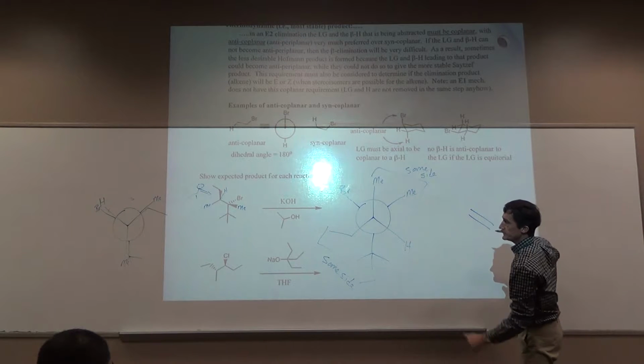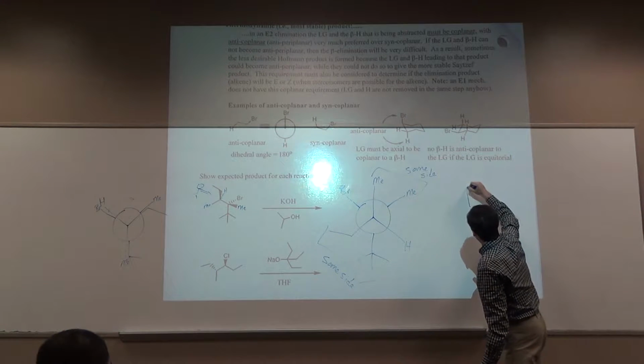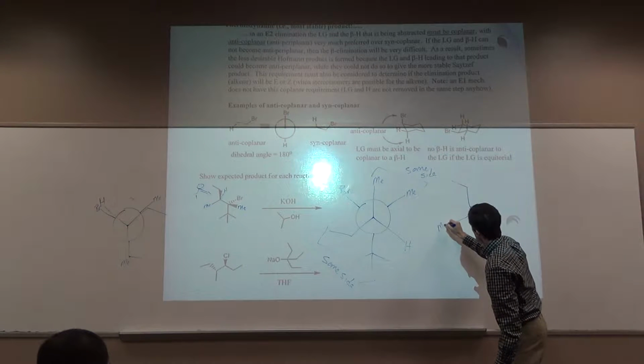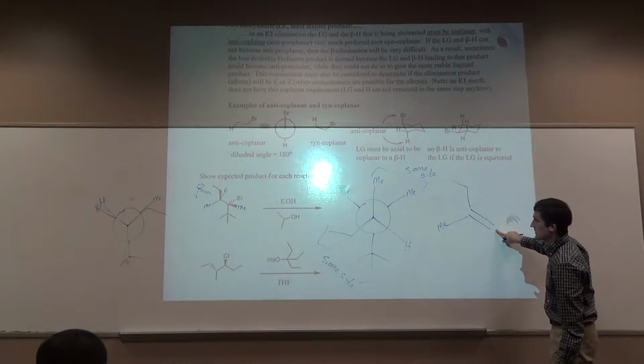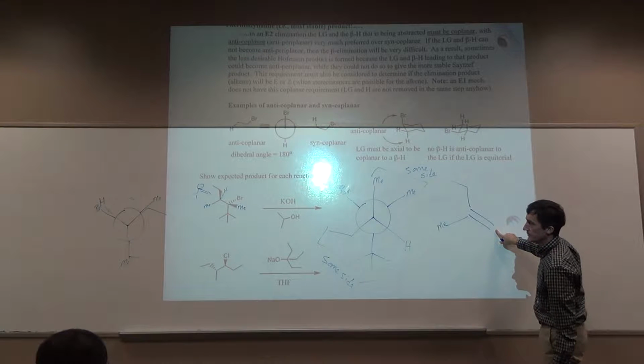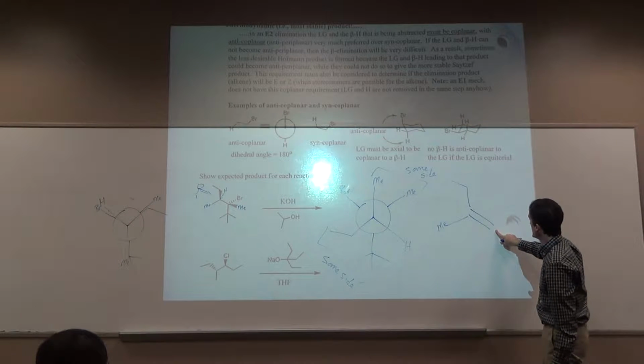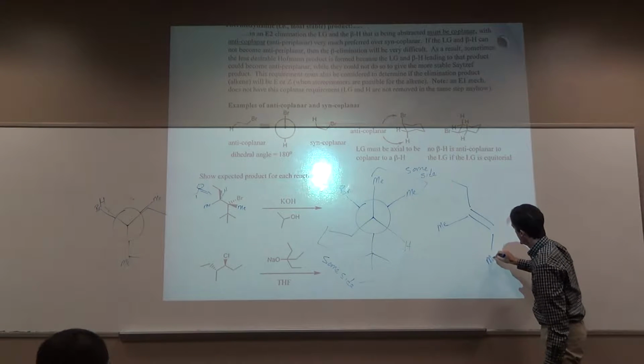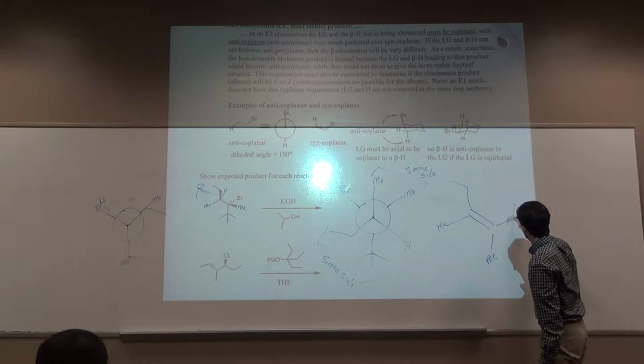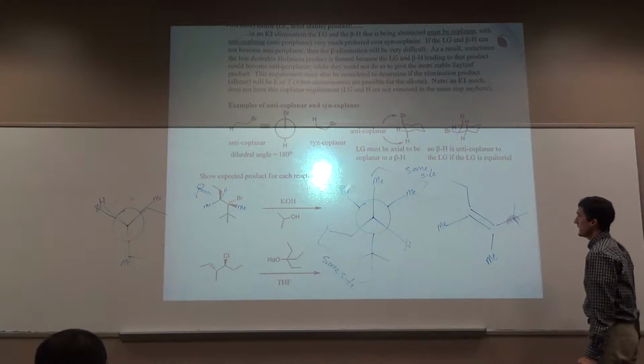The carbon on the left is going to have an ethyl and a methyl. The carbon over here is going to have a t-butyl and a methyl. But the methyls are on the same side. And there's your product right there.